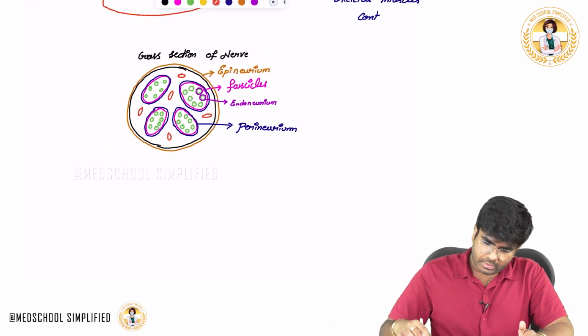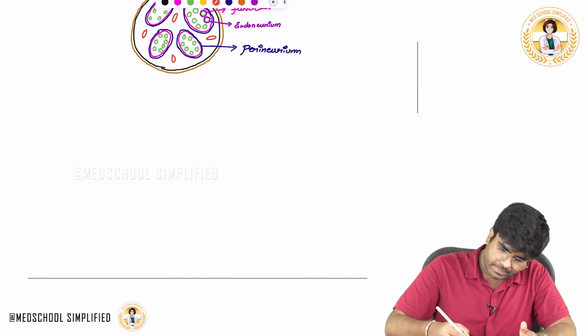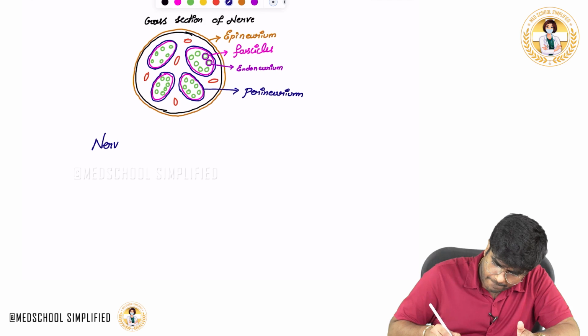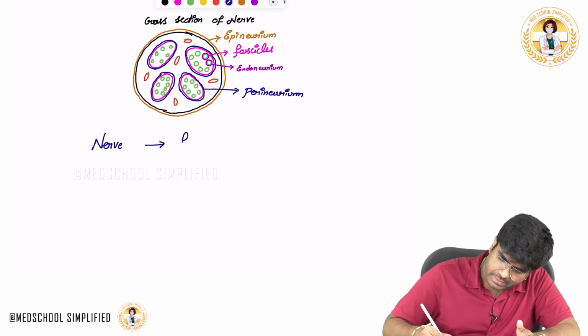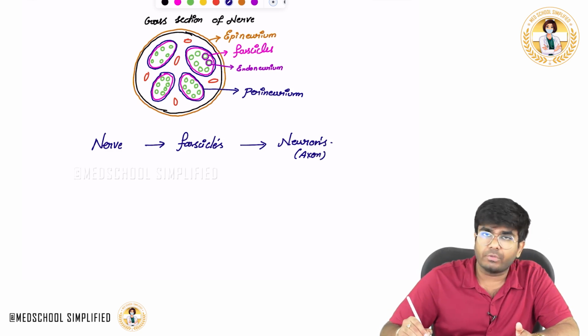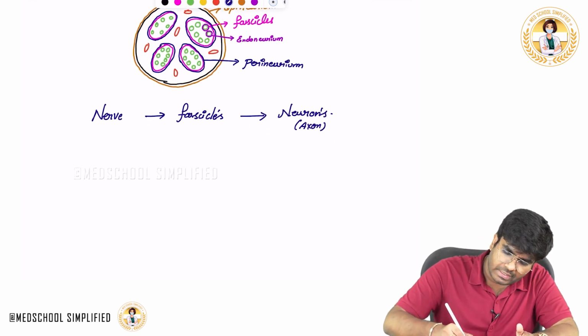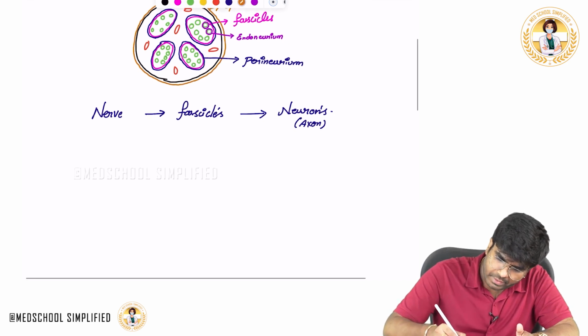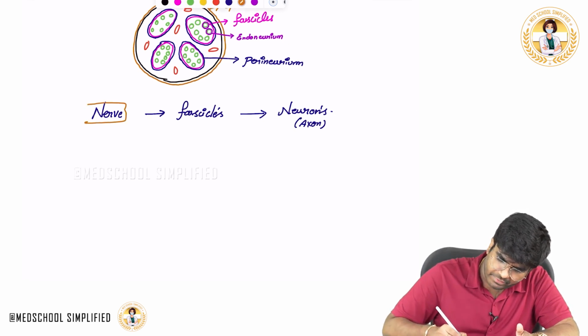Now, as a summary, let me write something like this. Inside a nerve, what is there? Fascicles are there. Inside the fascicles, what are there? Neurons, or the axons of the neurons, are going. The nerves are covered by this covering around the nerve.